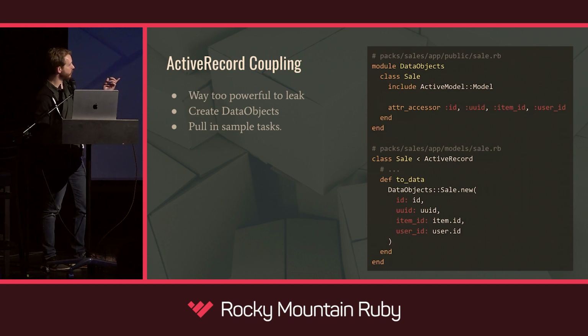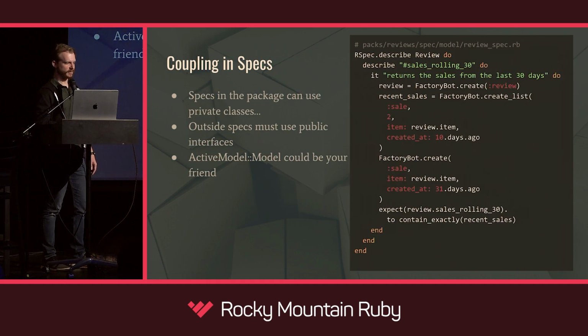So from here, if we're returning these sale data objects, there's no possibility of querying into a child relation, mutating data, and it's this sort of abstraction that helps me sleep at night when other teams are using our public interfaces.